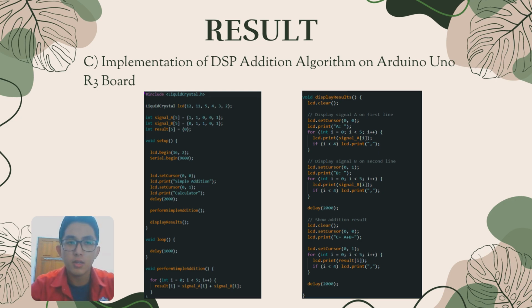Then it will perform the simple addition function where the input signals A and B will be added together to produce the signal C. Lastly, the LCD will display the output signal C.